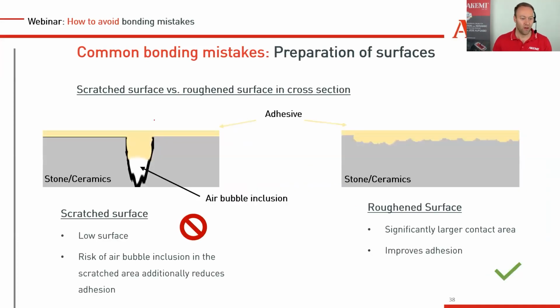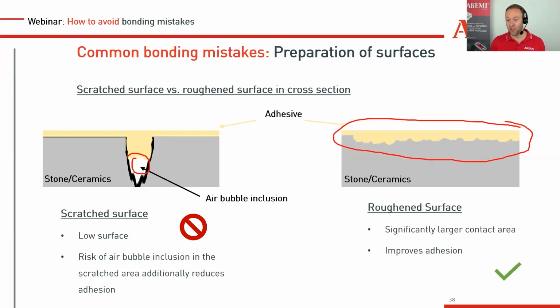Why? Because when you do the cut, this scratched or cut surface will only have a few particle areas which are scratched. So of course the glue will go inside, but then maybe you will trap some air inside. So it's always a risk, and it can reduce the adhesion. When you have a proper roughened surface, you have a huge contact area between glue and stone.